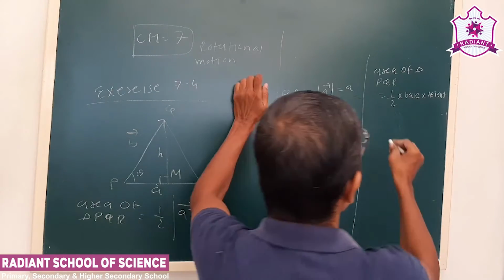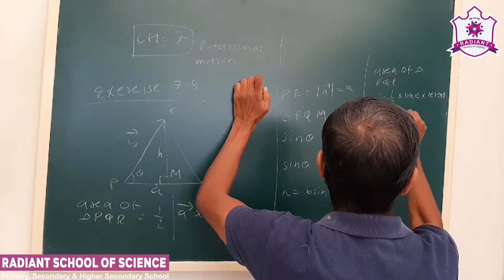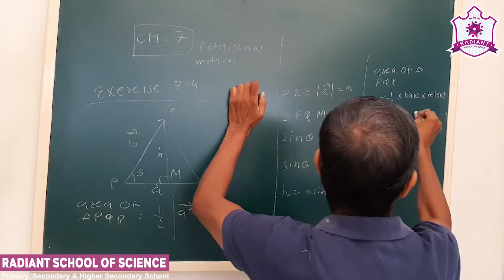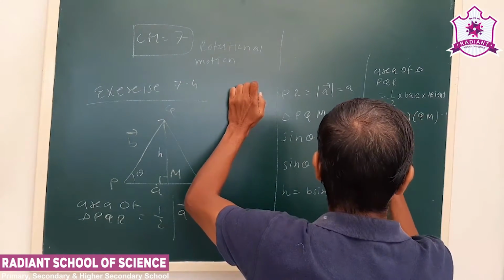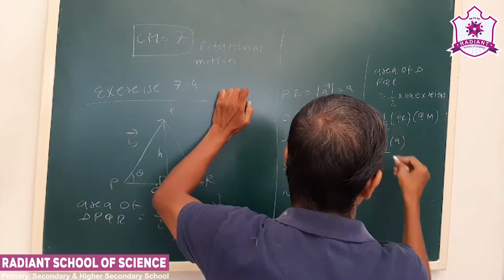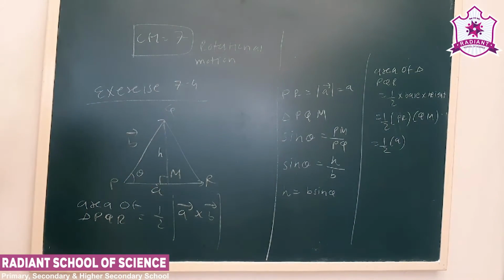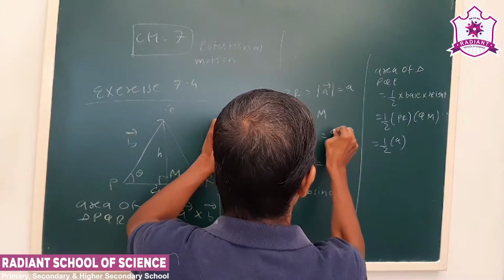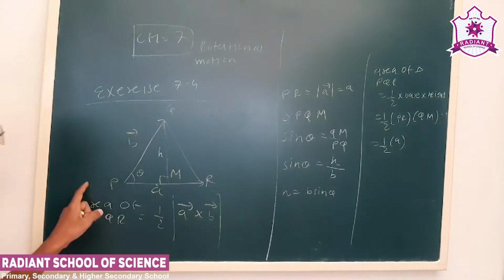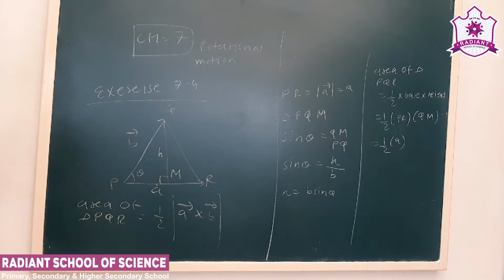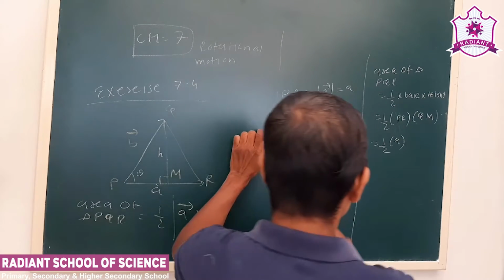Base is PR and height is QM. PR is vector A's magnitude. In triangle PQM, sin theta is QM upon the hypotenuse, since the side opposite to 90 degrees is the hypotenuse. So QM is our H, and H is B sin theta.